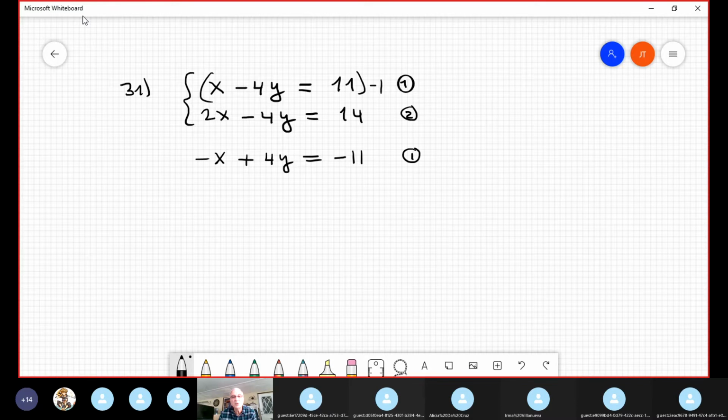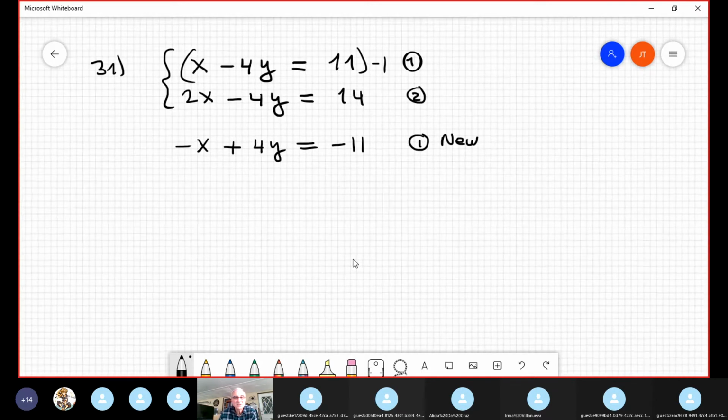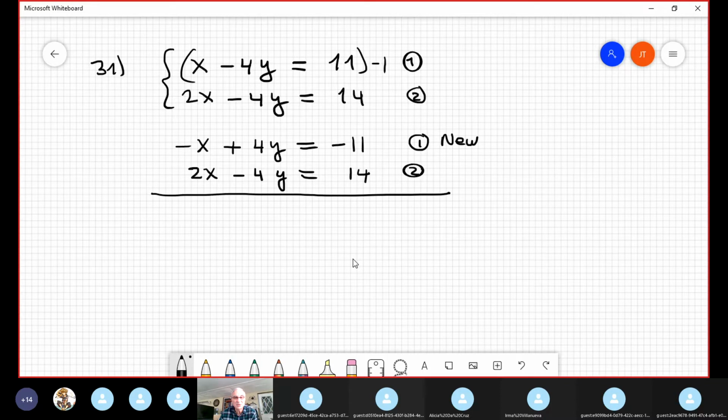This is my new equation 1 after the transformation. Not necessarily put the new one, but I put it because I am a teacher and I want to emphasize this idea. And you copy equation 2 exactly the same: 2x minus 4y equal 14. And you understand in that moment we are ready to perform the elimination.